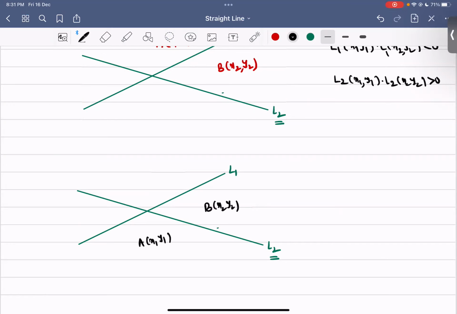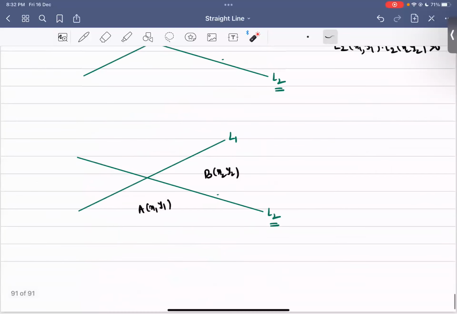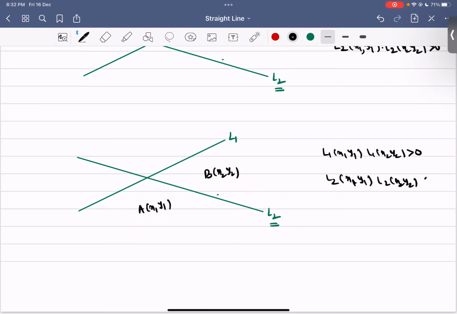These are adjacent regions or angles. Now in this situation, with respect to L1, both are on the same side. That's why L1 of (x1, y1) times L1 of (x2, y2) is positive. But with respect to L2, both are on opposite sides. Therefore, L2 of (x1, y1) times L2 of (x2, y2) is negative.